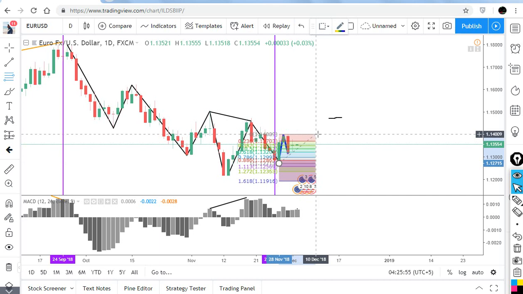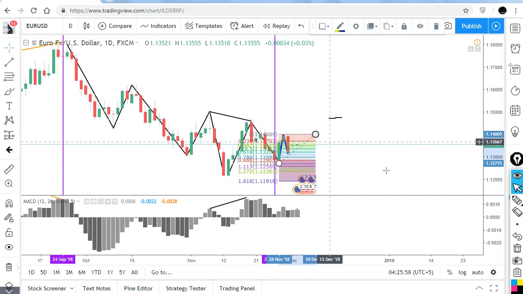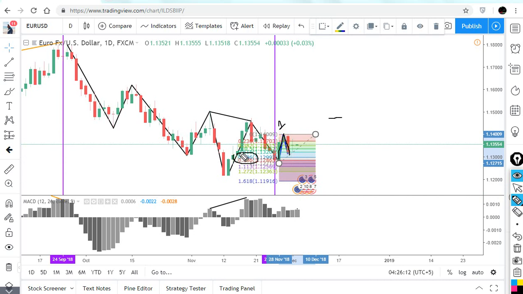Okay, now if you see closely, the market retraced after this impulse. If this is a 1, then the 2 correction comes right over the 0.786 number. You see this? Just exactly. So it's valid and it's done.